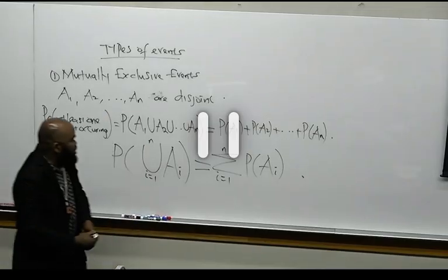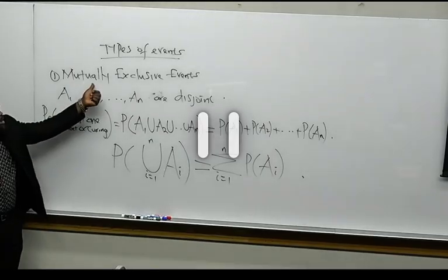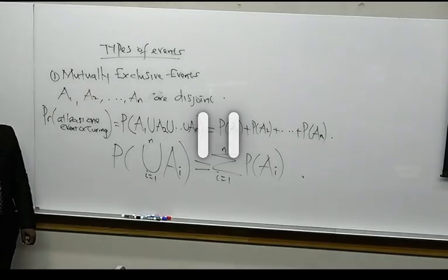Now, what am I talking about? Please pay attention. If you don't understand, ask me a question. I'm talking about mutually exclusive events that cannot occur together. When A1 occurs, it prevents the others from occurring because they are disjoint.